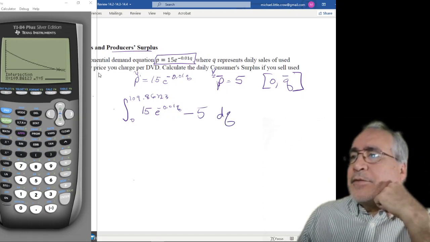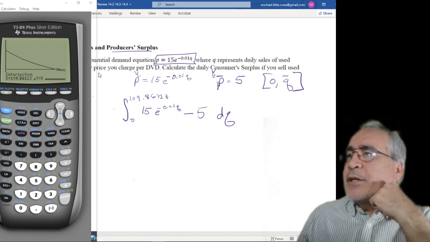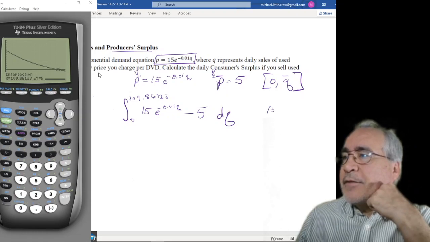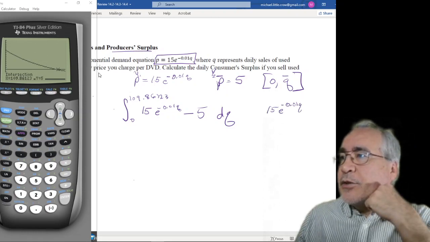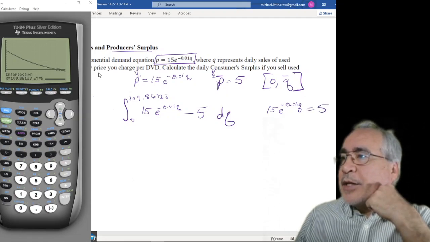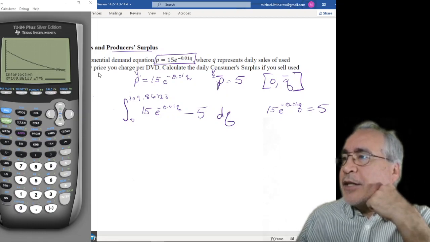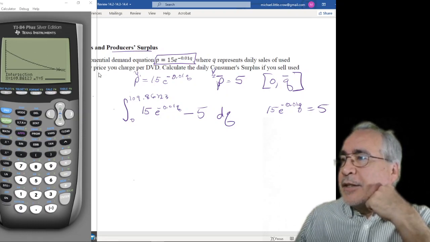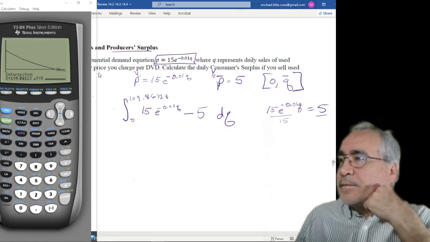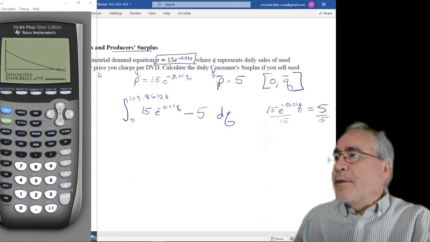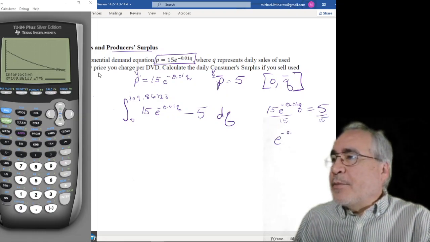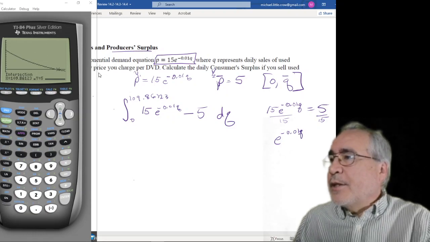The other way we can find this is we could set the two equal to each other, right? That's where they intersect. So you could say that 15 e to the minus 0.01 q equals 5. Okay, so then we want to solve for q, so we divide both sides by 15. We get e to the minus 0.01 q equals 1/3.